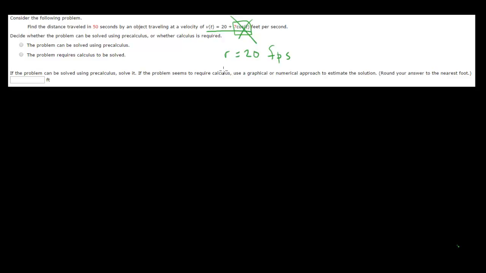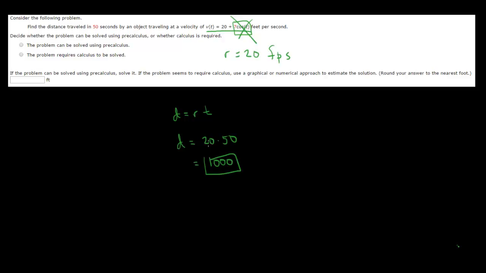So if we assume our rate is 20 feet per second and we traveled for 50 seconds, well, we all know that distance equals rate times time. So distance equals 20 times 50, and we have equals 1,000.